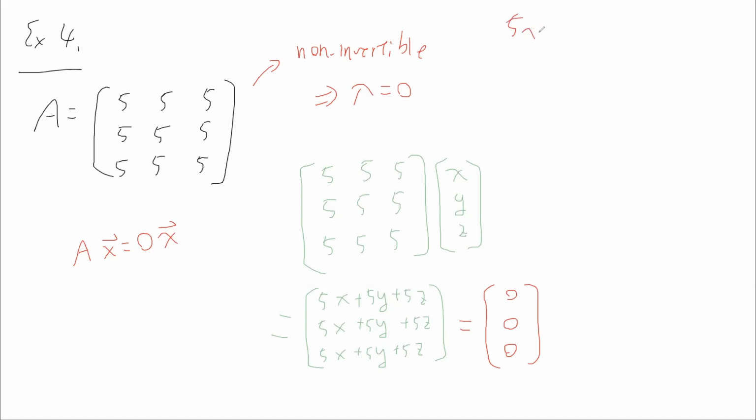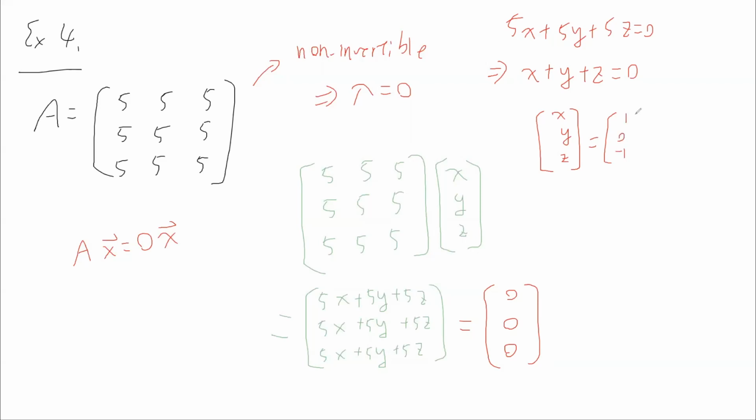We want 5x plus 5y plus 5z to be 0. If I divide everything by 5, I get x plus y plus z equal to 0. So what does that mean? It means we can pick any vector x, y, z so that when I add these three entries together, we get 0. Let me give you a few examples.